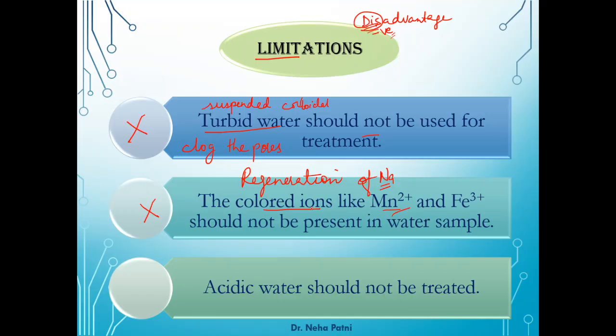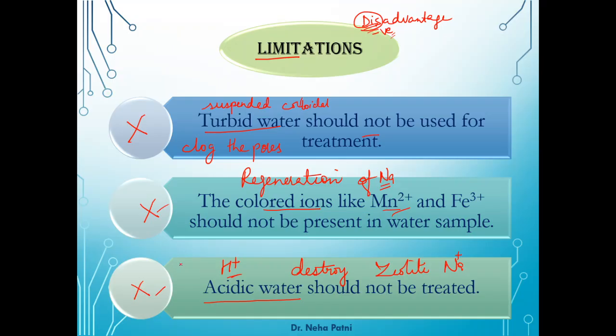The process immediately stops working. And the last one says that acidic water should not be treated, because if the water contains H plus ions, it is going to destroy the zeolite. Zeolite is Na plus and H plus competes with that, so it destroys the structure of zeolite. So basically you have three limitations here: the water should not be turbid, it should not have colored ions, and it should not be acidic.